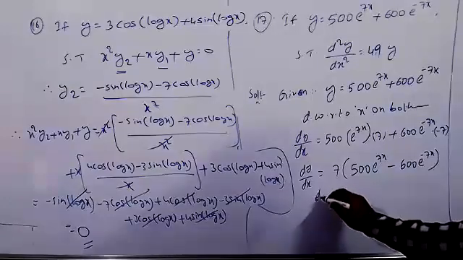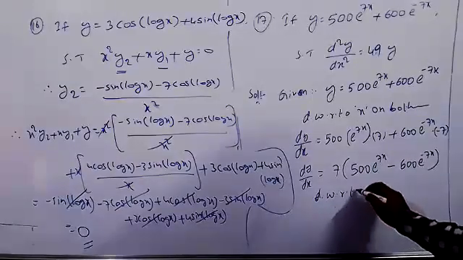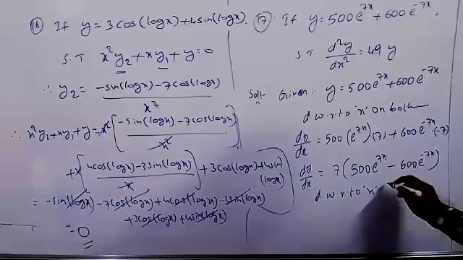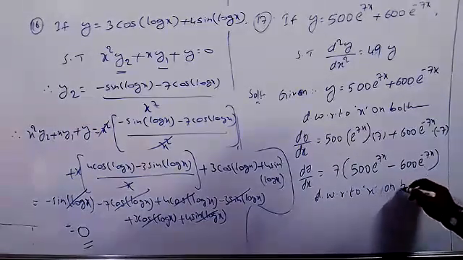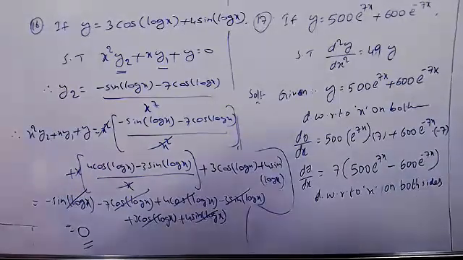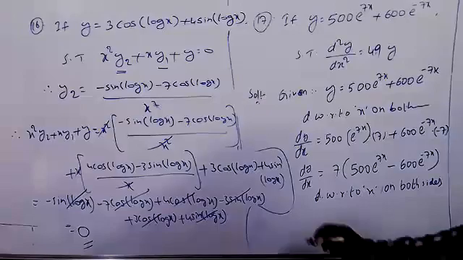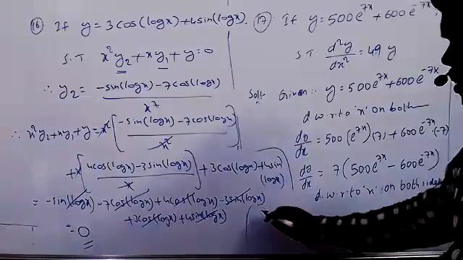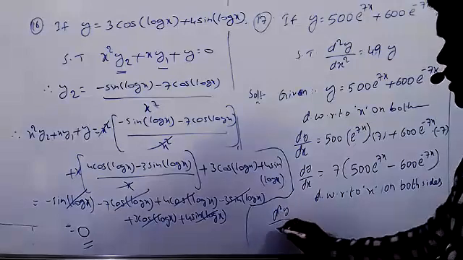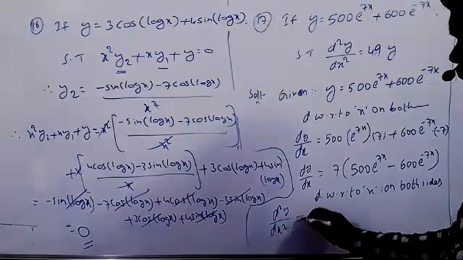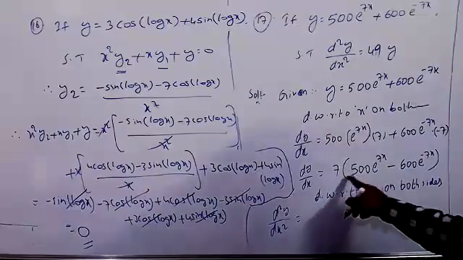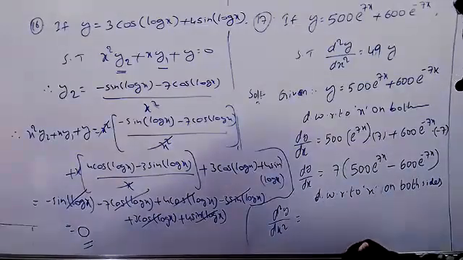Now differentiate with respect to x on both sides. So therefore, d square y by dx square equal to, both of them will be constant only, you can take outside now.